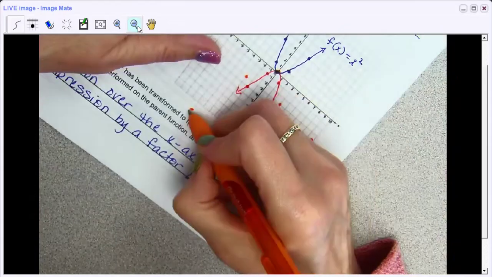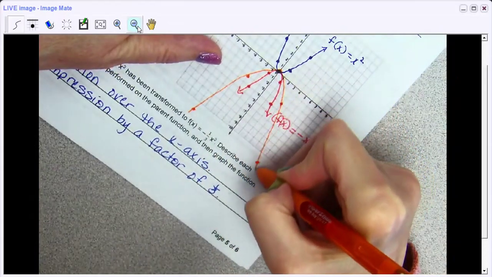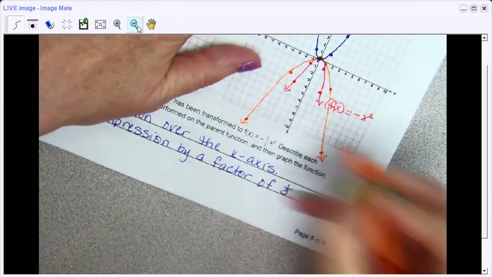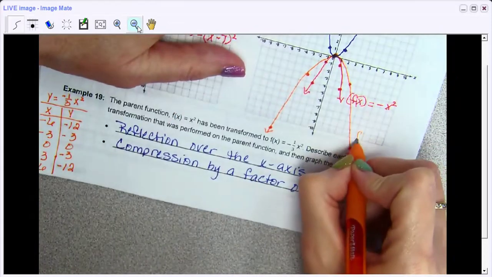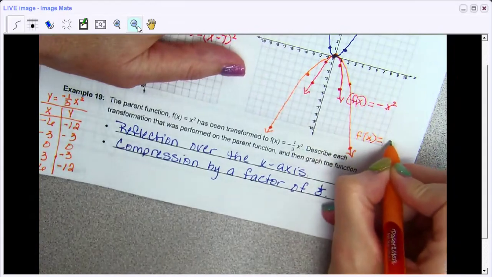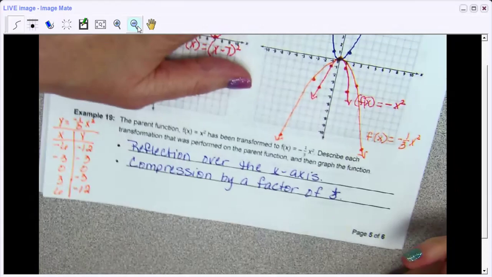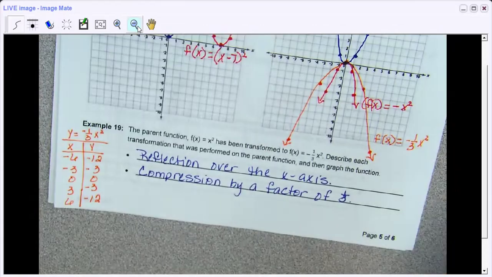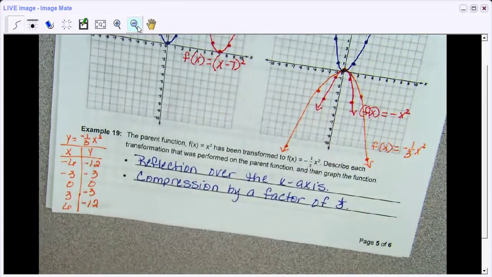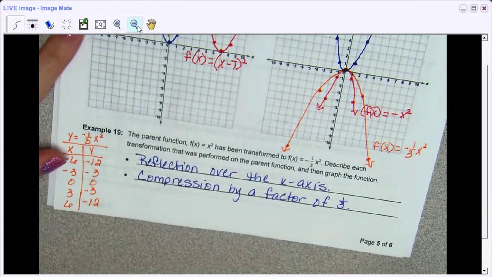And then we're going to sketch the parabola. So then this one is f of x equals -1/3 x squared. There we go. I really didn't need to do that middle one. Questions?